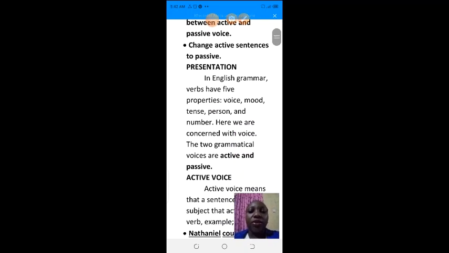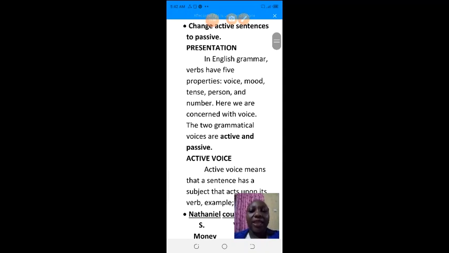Now, in English grammar, verbs have five properties: the voice, the mood, the tense, the person, and the number. The voice in which the verb is used, the mood in which the verb is used, the tense in which it is used. Talk about tense, remember? When we say tense, we mean time. That is present tense, past tense, and so on.